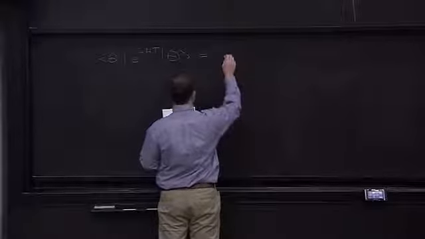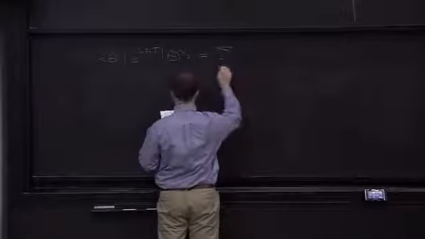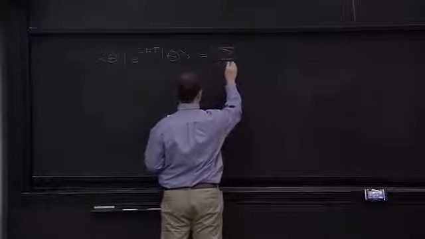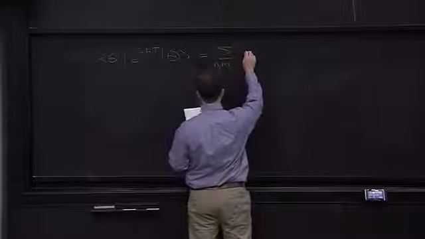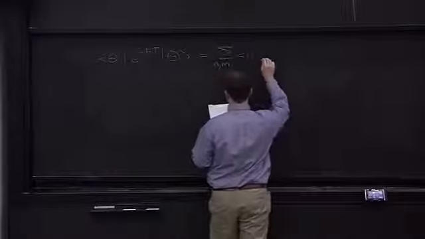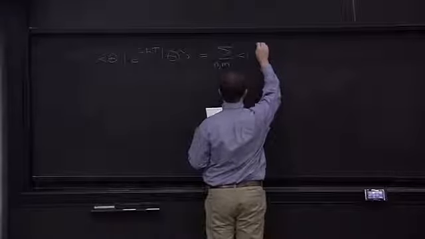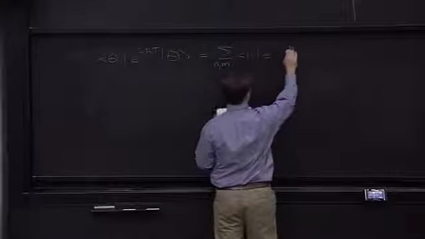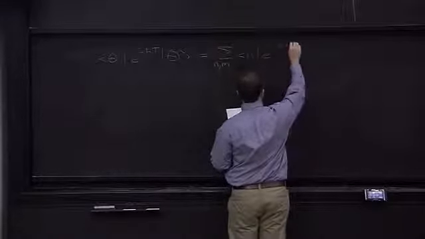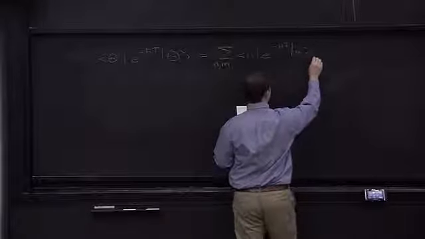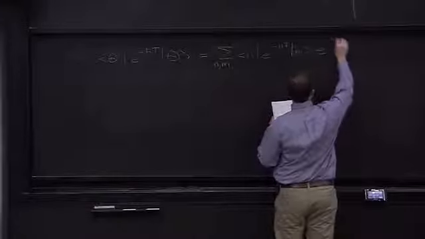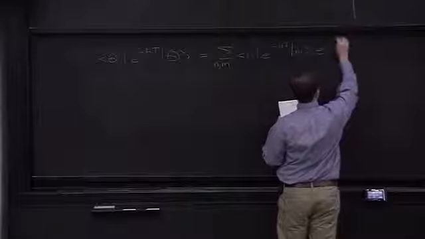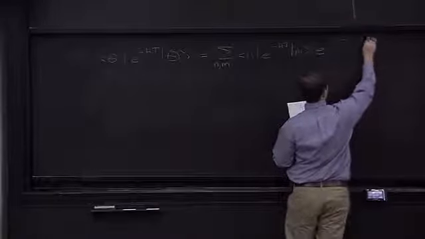We can write this just using the definition of the theta vacua as a sum over n and m of e to the i n theta prime, n e to the minus HT m, e to the minus i m theta.